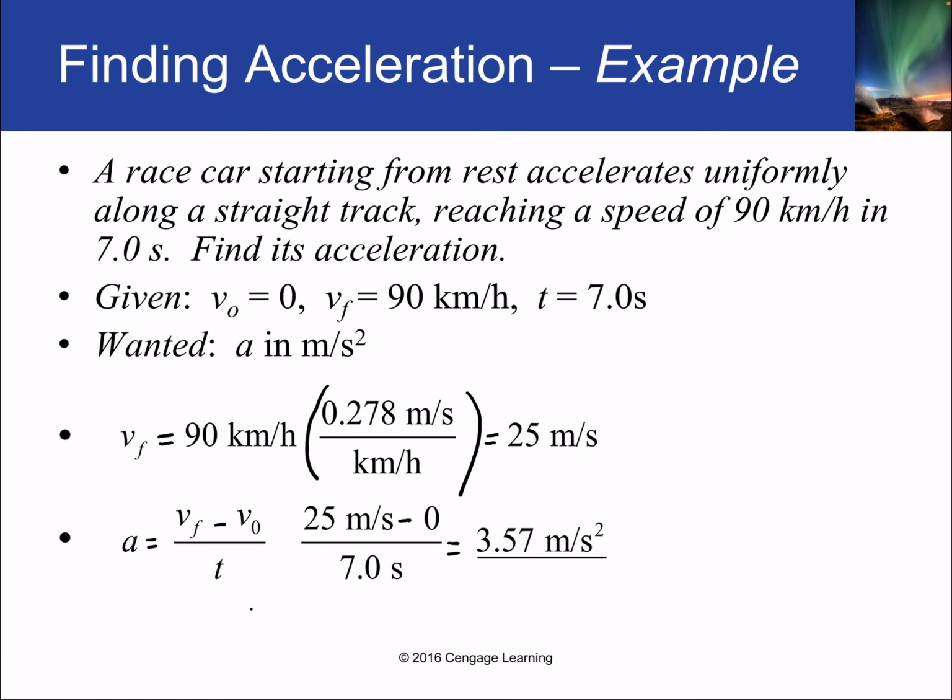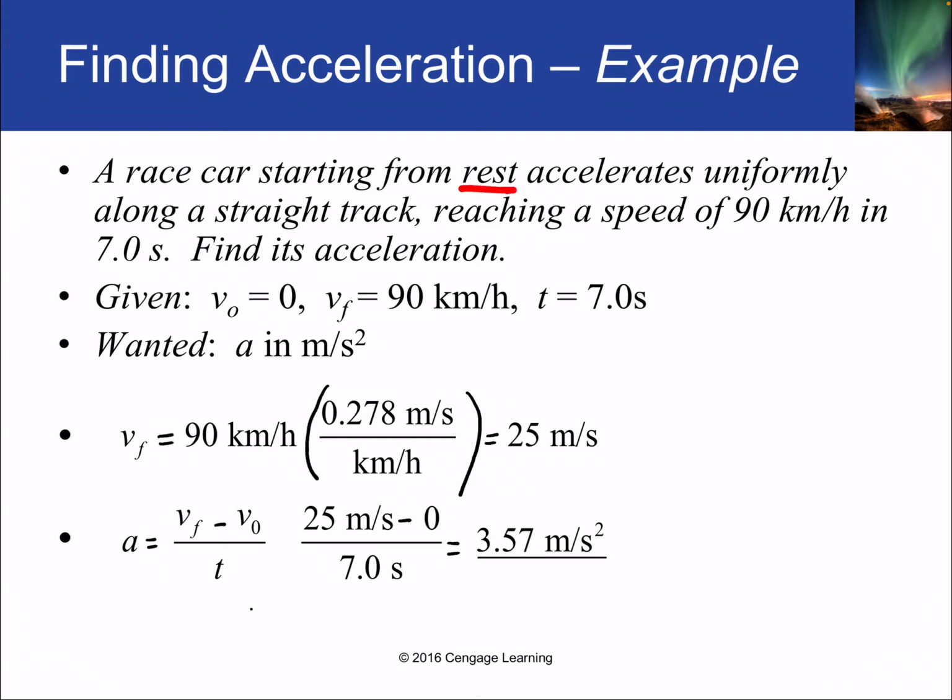Okay, now in this problem, we're told we have a race car starting from rest, accelerating uniformly along a straight track, reaching a speed of 90 kilometers per hour in 7 seconds, and you're asked to find the acceleration.